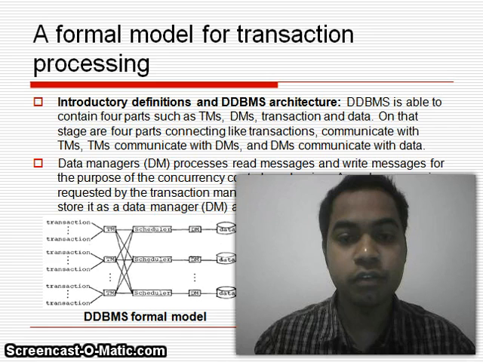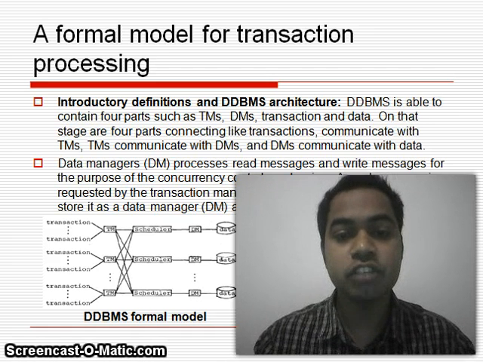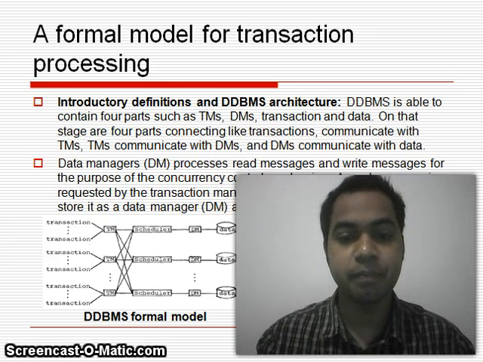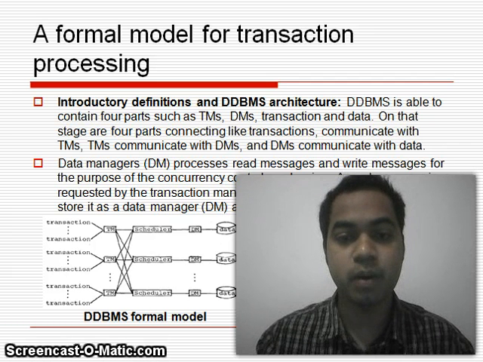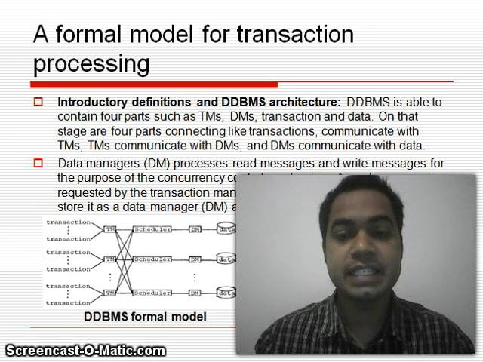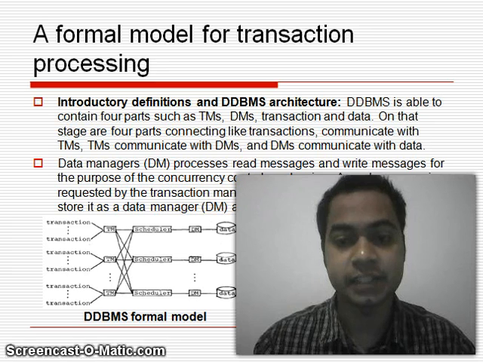A formal model for transaction processing. Introductory definition and DDBMS architecture. Basically, a DDBMS contains 4 parts: TM, DM, transaction and data. So what is TM and what is DM? TM is the transaction manager, DM is the data manager.